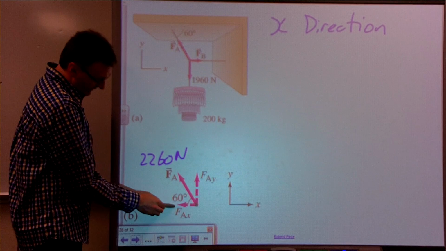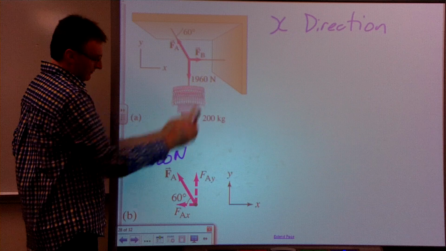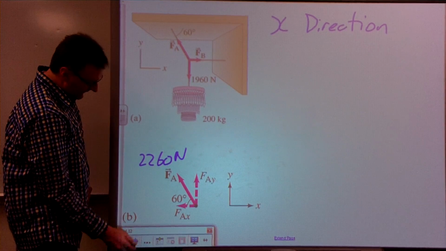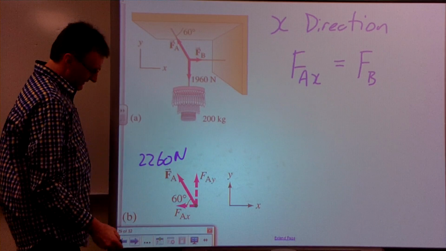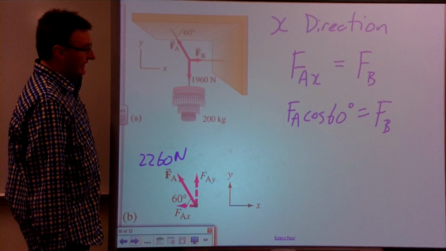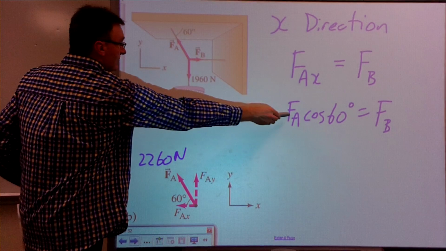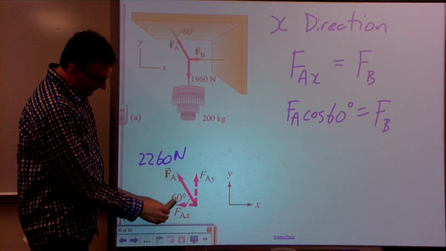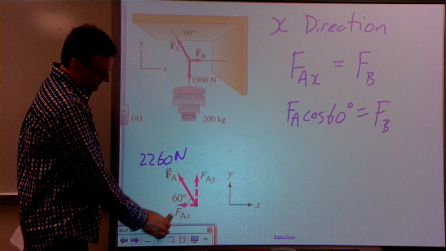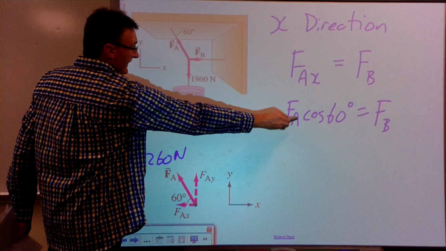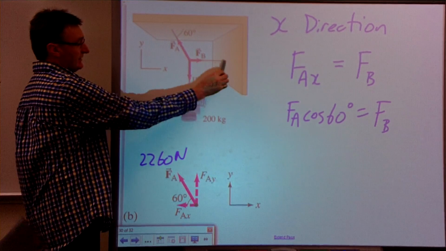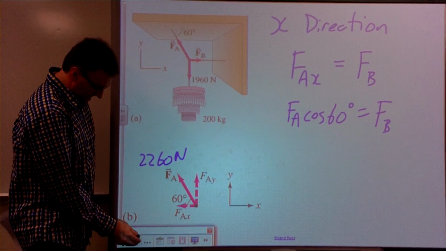So this x component of A will have to equal force B. Well, we know already what force A is. Now we just need its x component, and that's going to be the magnitude of force A times the cos of 60. So the x component is Fa cos 60, and that'll have to equal force B.